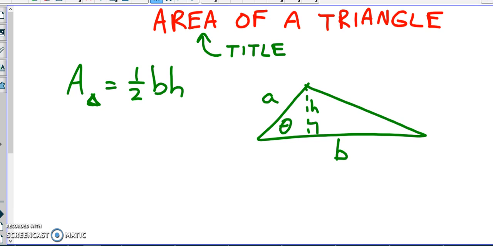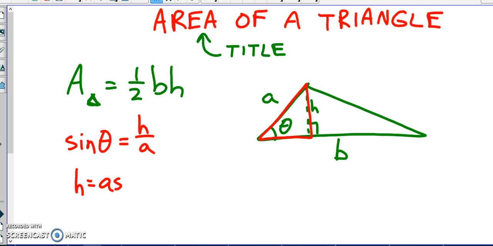Now, if I happen to know this angle right here, angle theta, then it's not hard to show that the sine of theta is equal to h over a, because I'd be using this right triangle right here. H is the opposite, a is the hypotenuse. And so what I can do is solve for h, so h is equal to a sine theta.